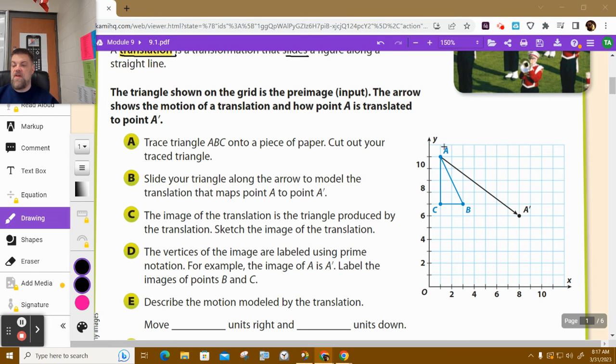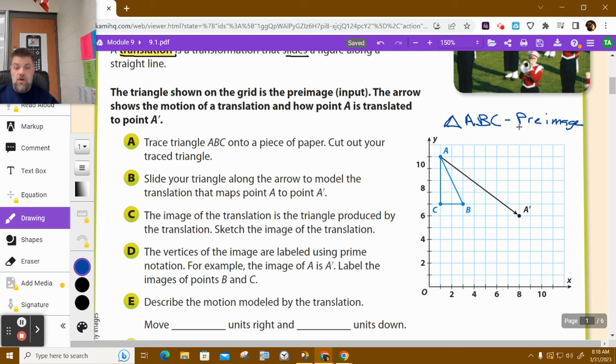So notice that for my triangle, and I'm going to show you some notation, I'll do it in blue so you guys won't get confused. So the triangle A, B, C is the pre-image. The thing you end up with is always the image. Pre means before, right?